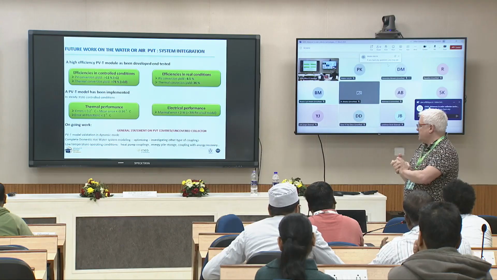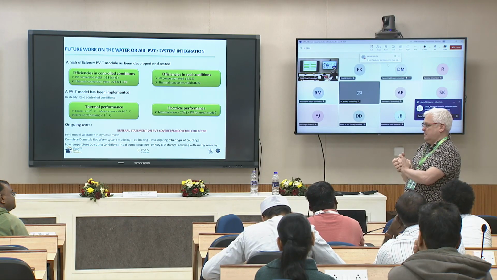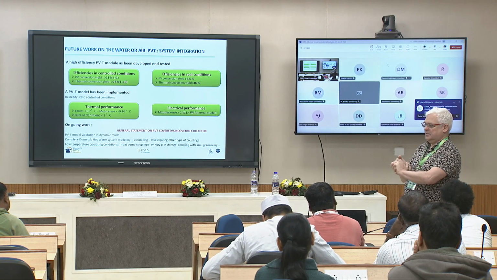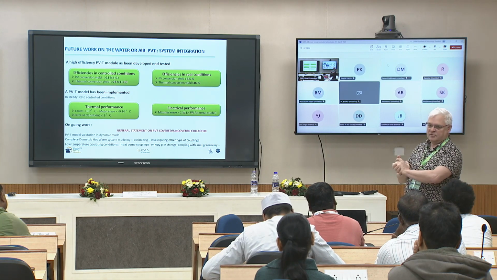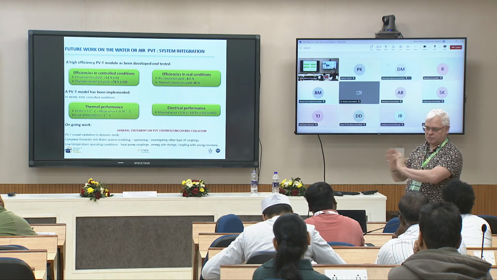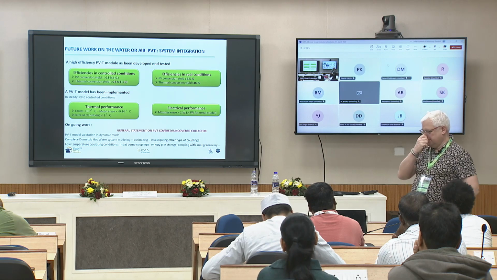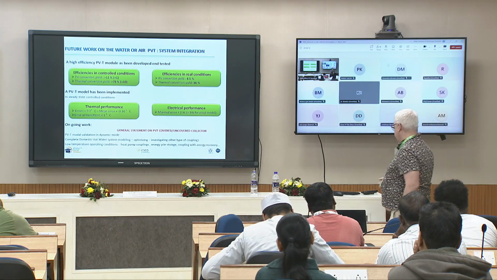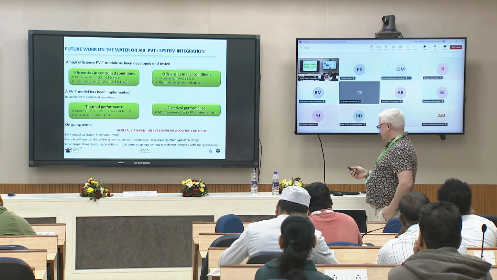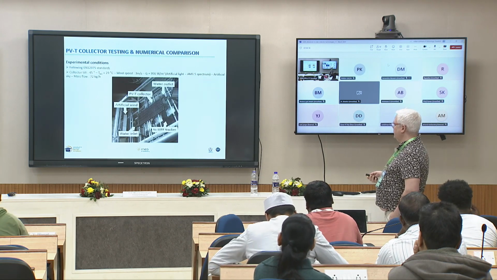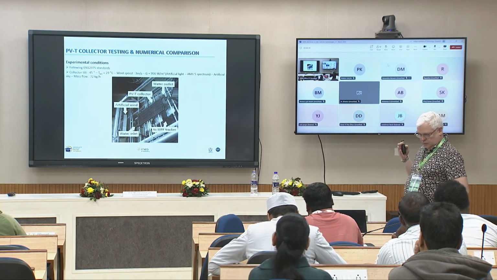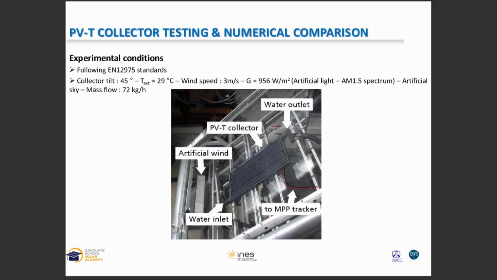PVT water, the main barrier is the level of temperature that you can reach if you want to produce it. From the experience here, we had at the end a very good PVT collector, covered, but it was too strong for the PV function.